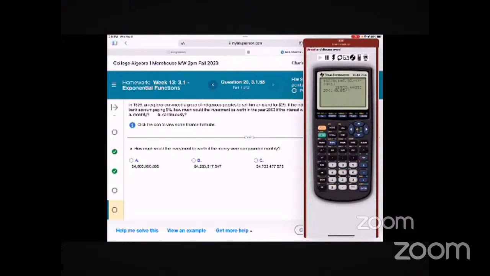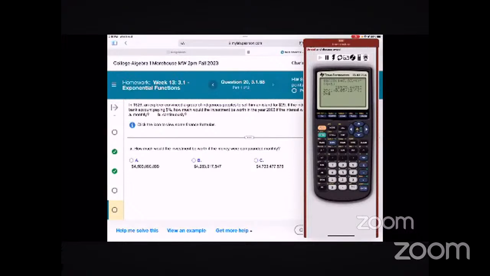If it's compounded monthly, then our N is 12, to the power of N, which is 12, times the number of years.